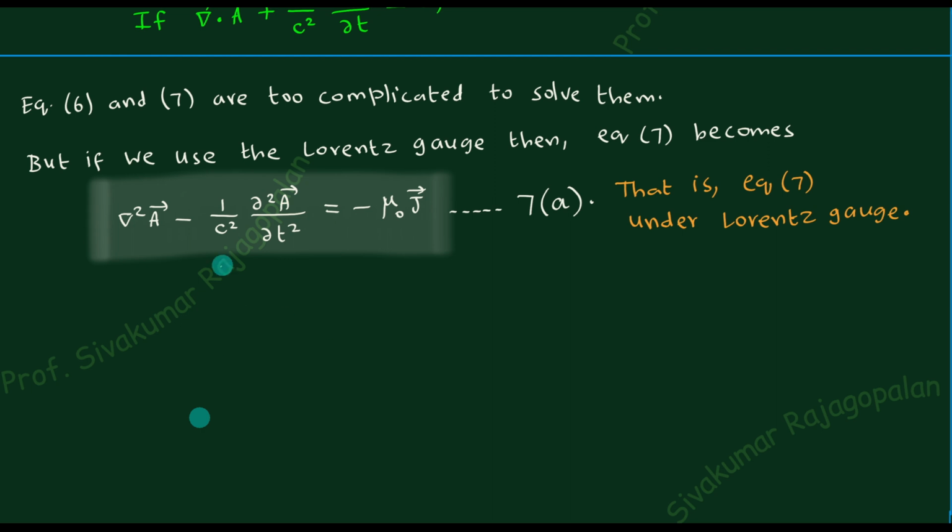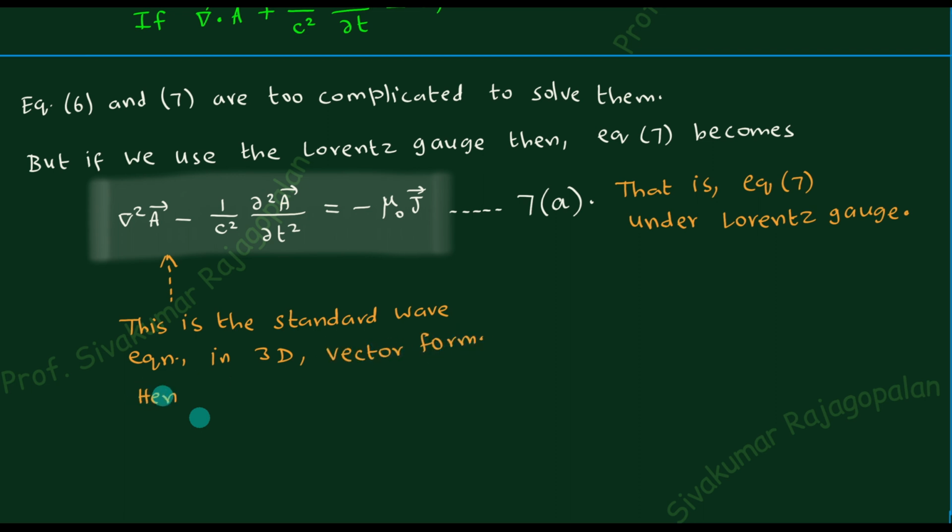And what is good about making use of this Lorentz gauge is that the entire equation is the very standard wave equation, but it is in 3 dimensions, and therefore it is in vector form. Which means we have the standard methods for the solution, or we know the solution method.